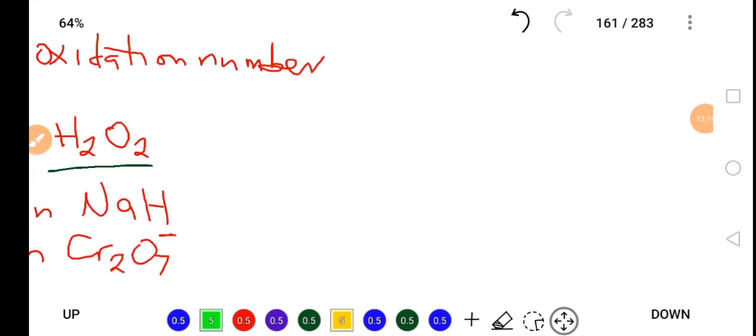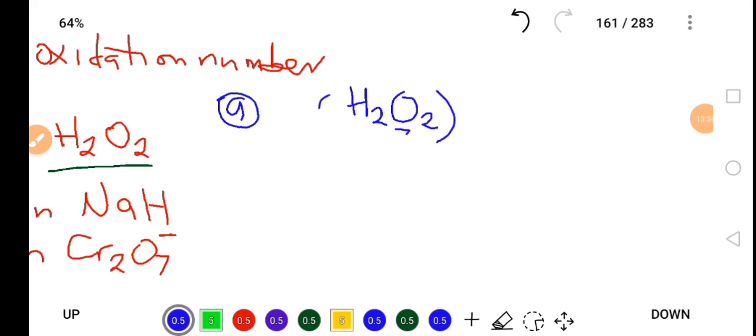Okay, answers. So A, we have hydrogen peroxide. We are looking for oxygen. This compound is not having a charge, so the oxidation number is 0. What are we going to do?